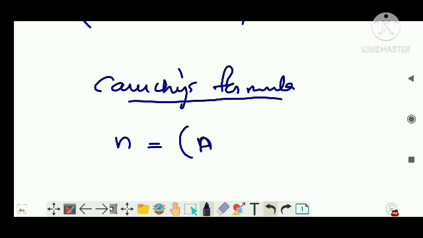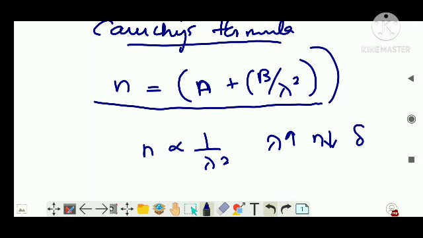That means refractive index is inversely proportional to lambda square. So when lambda increases, n decreases, that is, deviation decreases. Similarly, when lambda decreases, n increases, hence deviation increases. This is for our red light, this is for violet.